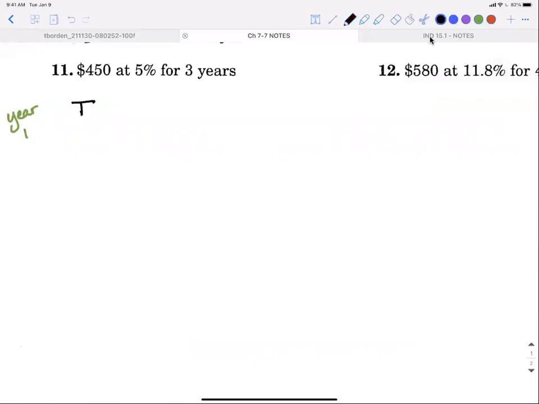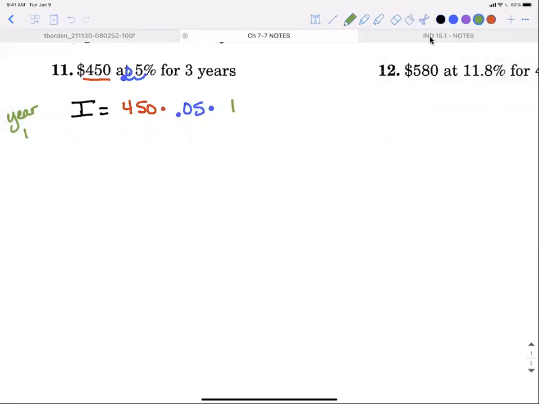My interest for year one, I'm going to tally it by using my principal, which is $450, times my rate. Now I have to move the decimal, 1, 2, add a 0. So 0.05 is my rate. And then what's my year going to be? Always a 1, because I'm just figuring year one.